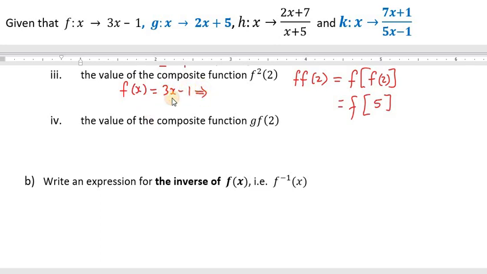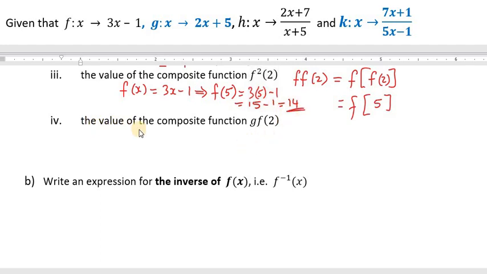Now we're going to replace this x with 5, because it's saying f of 5 instead of f of x. So f of 5 is equal to 3 times the x value, which is 5, minus 1. This gives us 15 minus 1, and this gives us 14. So this is our solution.